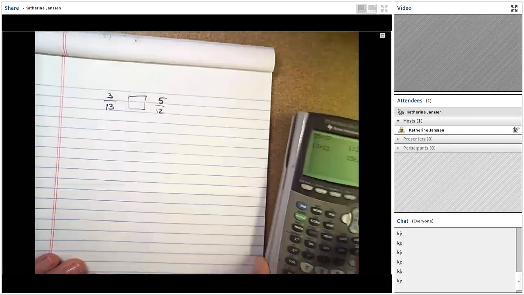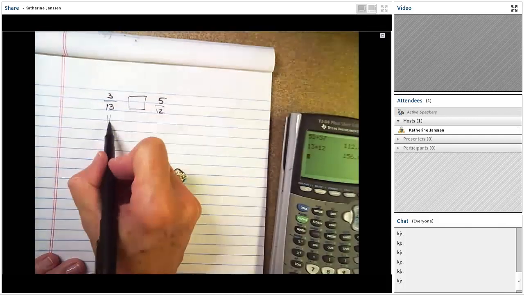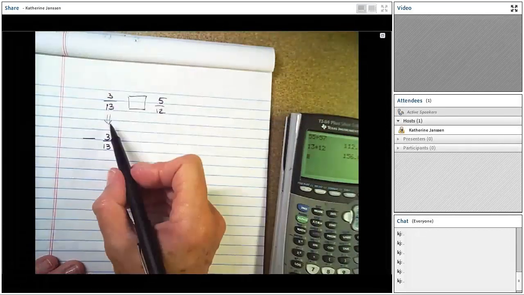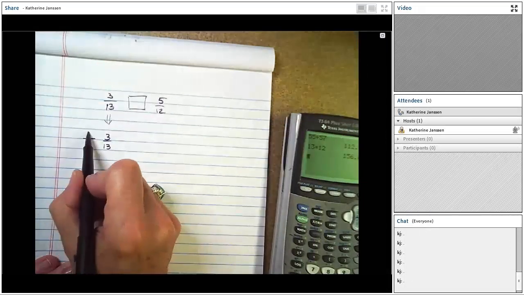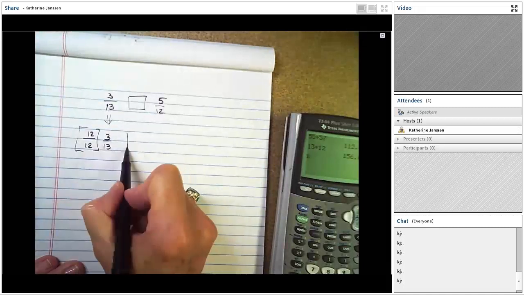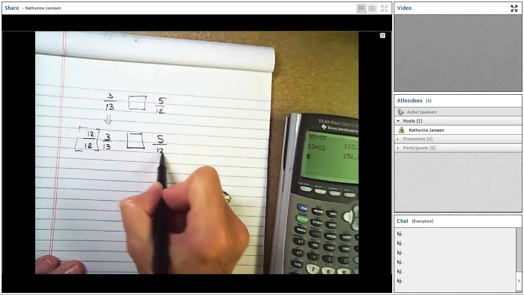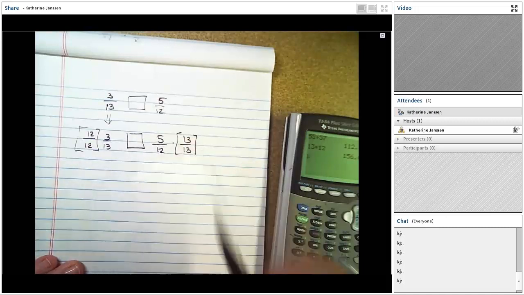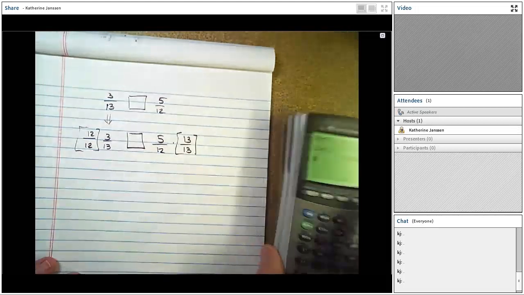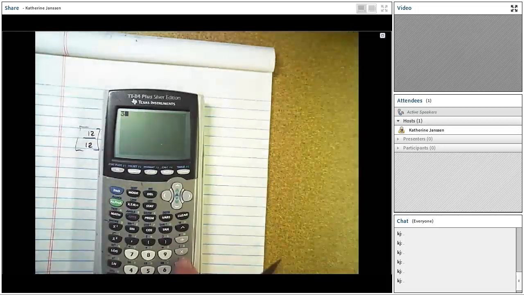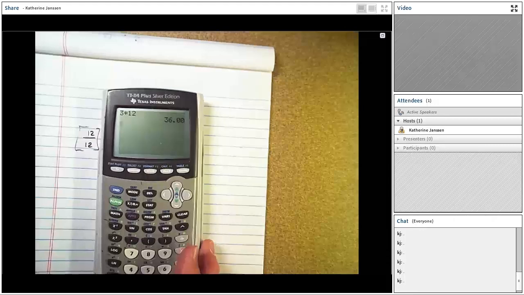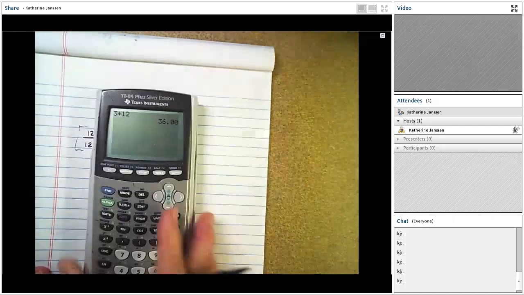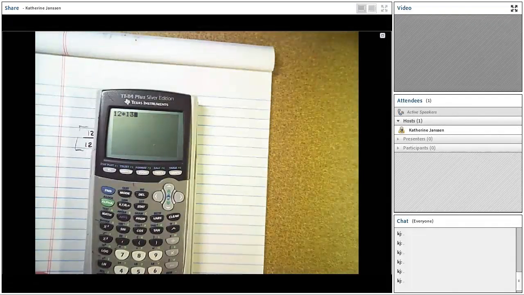And 13 times 12 is 156, so let's convert 3/13 to 156. Multiply by 12 in the numerator and the denominator. 12 times 3 is 36. And of course, 12 times 13 is our 156.